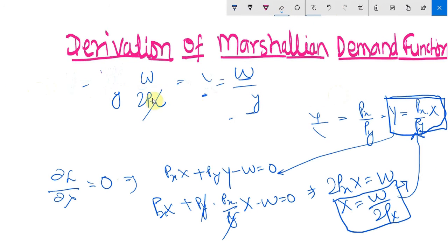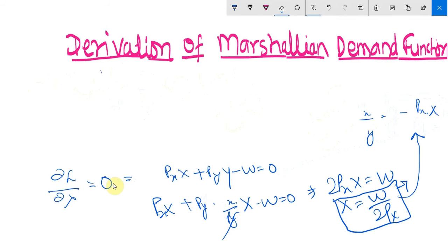Now we can write both demand functions in one place.